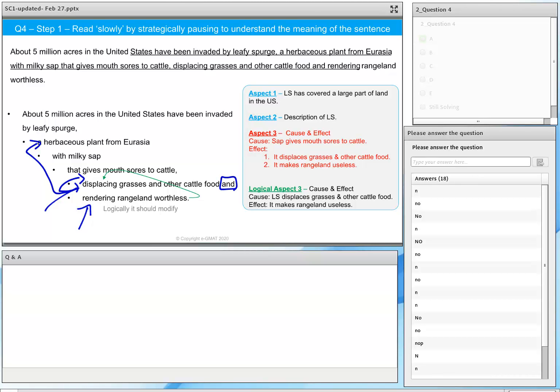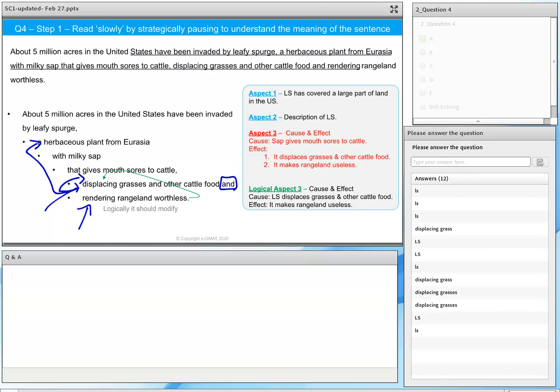So let's again think a little bit harder here and ask yourself, what can possibly make the rangeland worthless? How can the cattle ground or the pasturing grounds become useless? By leafy spurge, okay, yeah. Displacing grasses. That's exactly what I have been looking for. Absolutely correct. Why? Try to think about it. Leafy spurge has the milky sap which gives mouth sores to cattle, right?